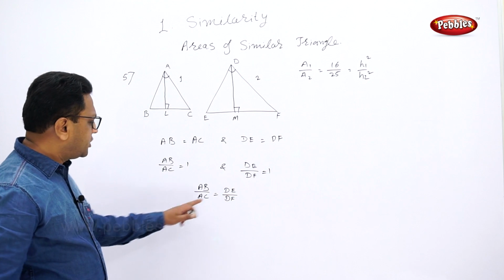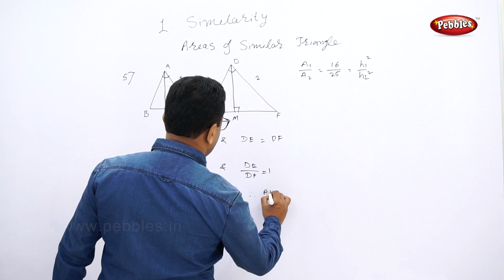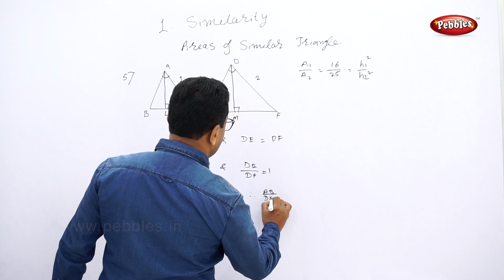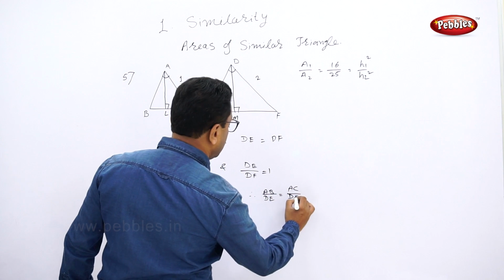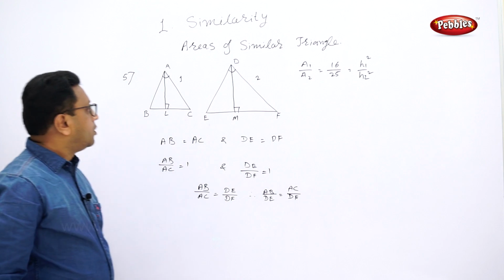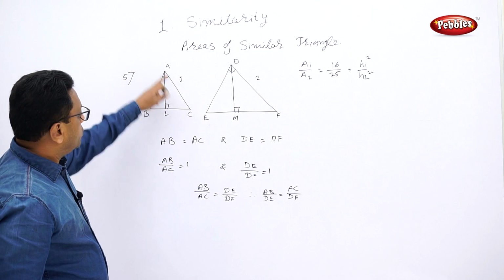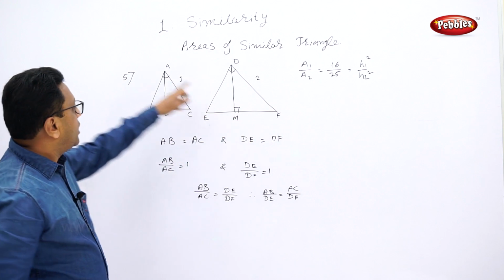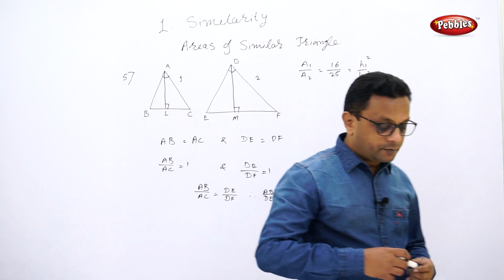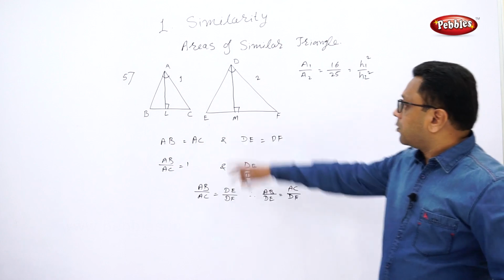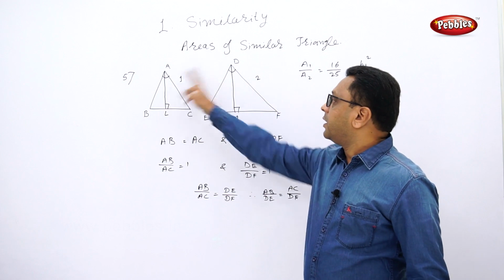Correct? Now I'll just interchange, and hence AB upon DE is equal to AC upon DF. And this angle, the top angles, are given as congruent angles, A and D.